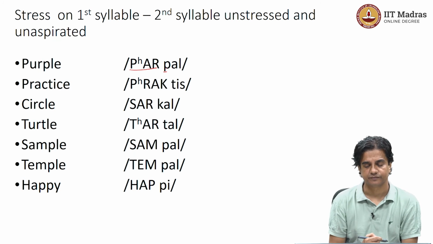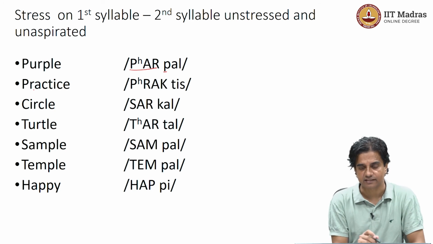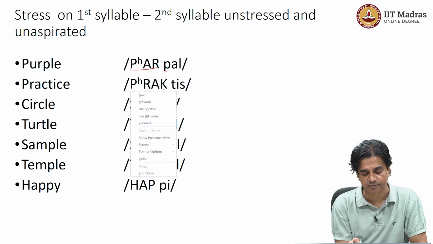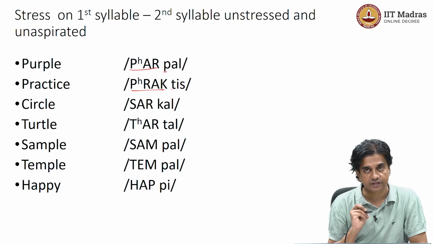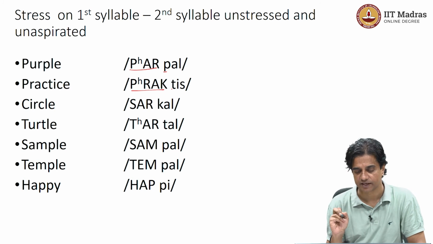Park. So, next one is practice. In practice, the first syllable is stressed. The second syllable has a ta sound in the initial position, but it is not the stressed syllable, therefore no aspiration.